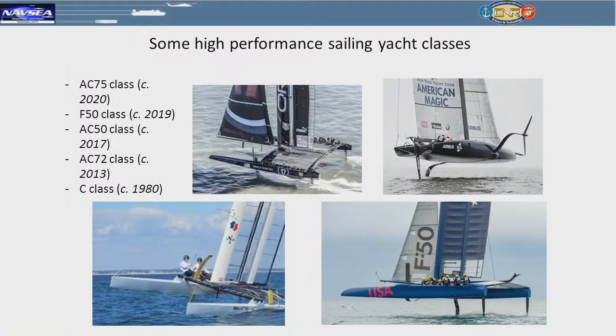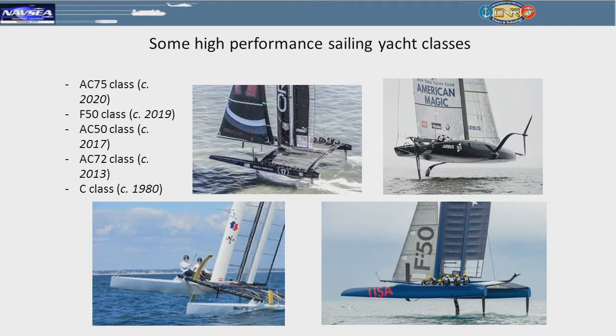So with that, just one slide to describe some of the current high-performance sailing yacht classes in the world today. The one we'll be talking about today is the AC75 class, which is making its debut at the very end of December 2020. So it's essentially a few weeks from making this video. That class is shown in the far right image of the frame.